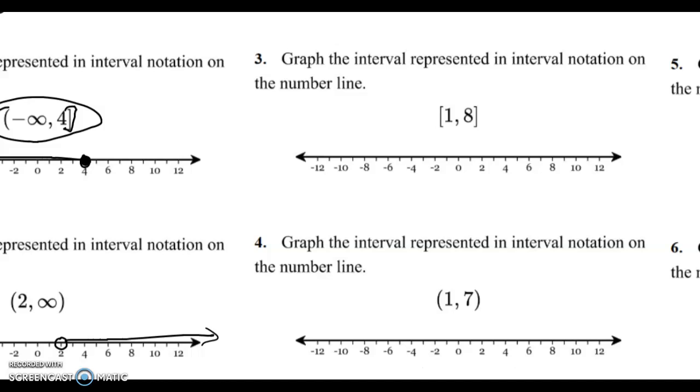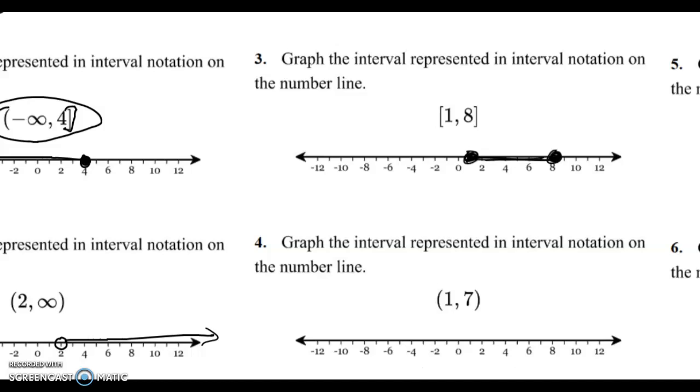So I'm going to put a dot on 1 and a dot on 8, and because they're brackets, we close them in. Then we fill them in this way. All right, and that's it.